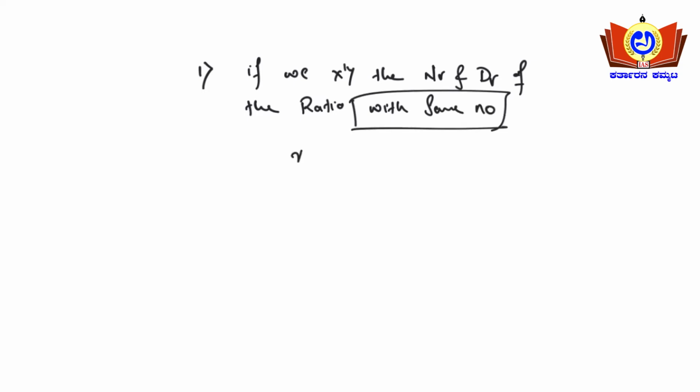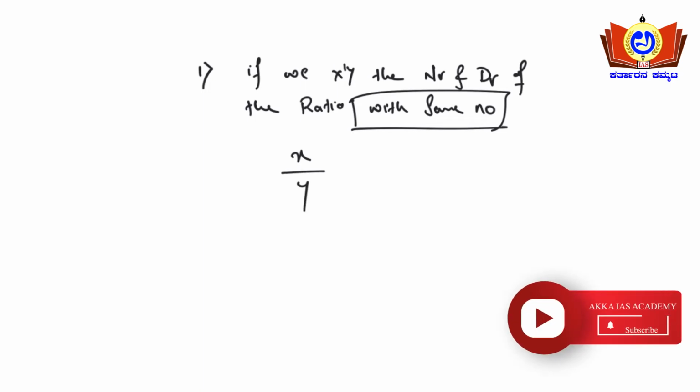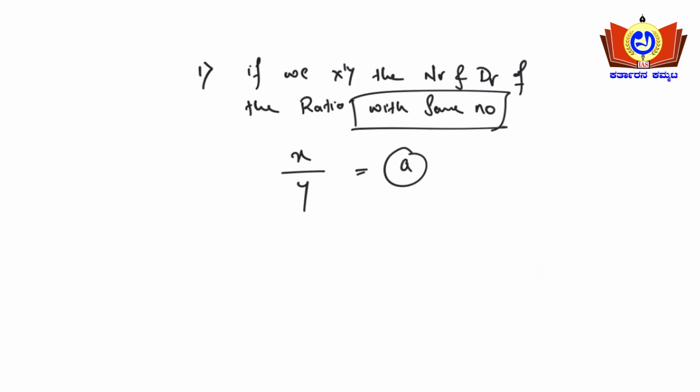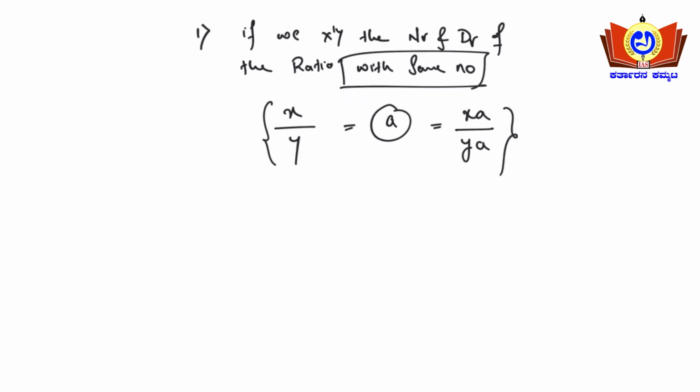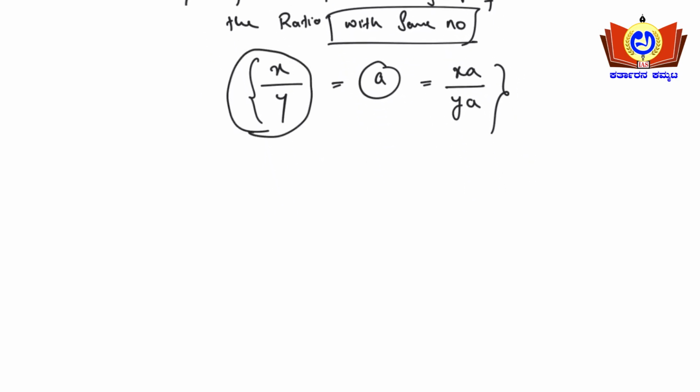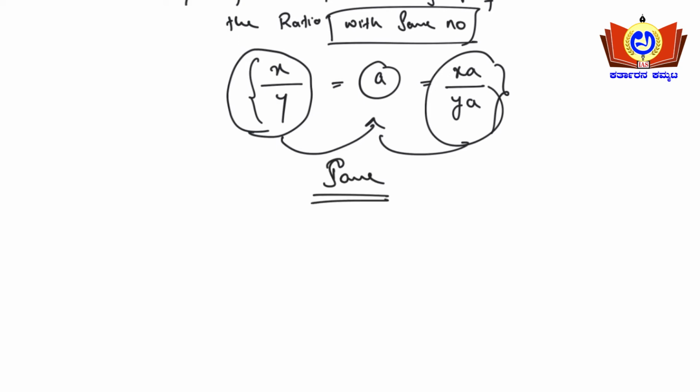Given the ratio x upon y, if we multiply the numerator and denominator by the same number a, the result is x into a and y into a. The ratio remains the same. The ratio of xa by ya is the same as x by y. This is the first property.